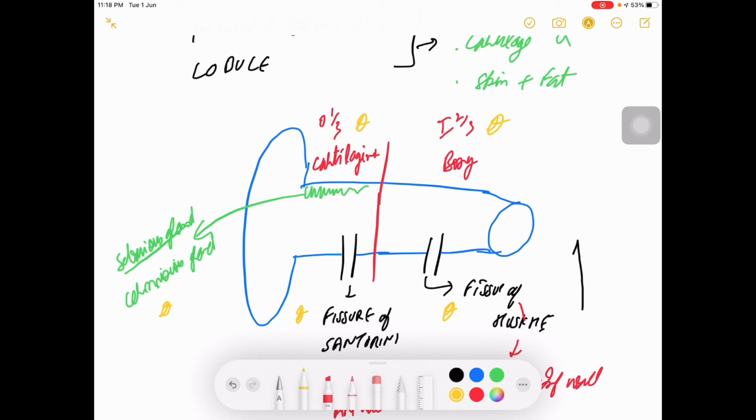About the ceruminous glands, the total length of the canal is 24 mm. So it is divided like this: this is going to be your 8 mm and this is going to be your 16 mm. So outer 1/3 is your 8 mm and inner 2/3 is your 16 mm.